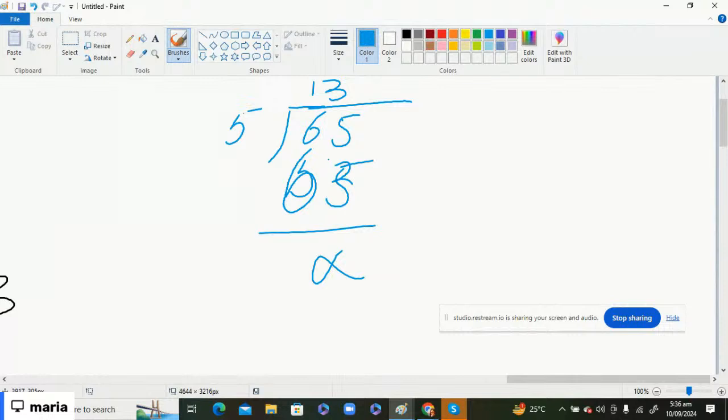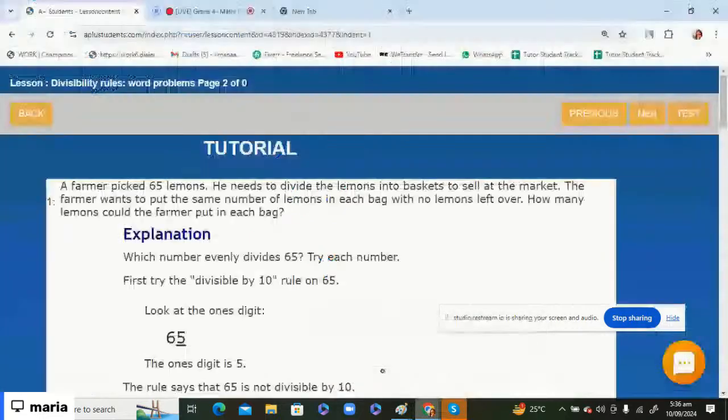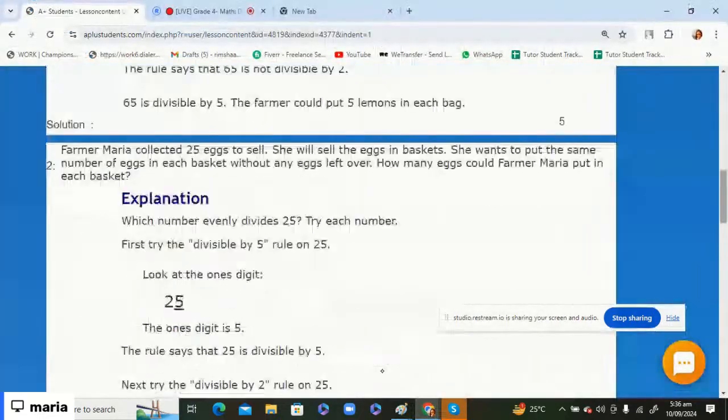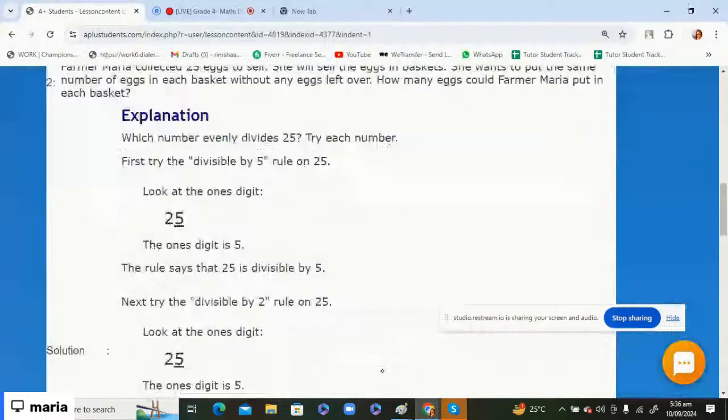So it means that 13 times 5 is 65. Let's check in the question. So this is 5. Not 10, because 10 times 6 is 60. Again, 5 is left, so we are not able to do that one.